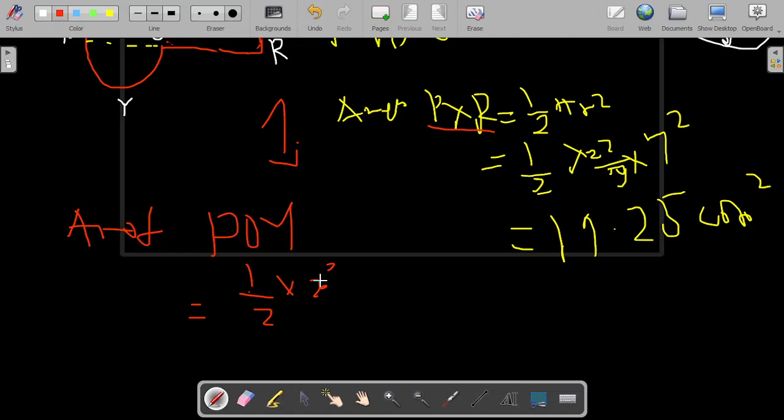Oh sorry, I think there's a mistake here. This should not be 19.25, because when we solve this, the 2 cancels 11, then 11 times 7 should give 77 centimeters square. Sorry for that.